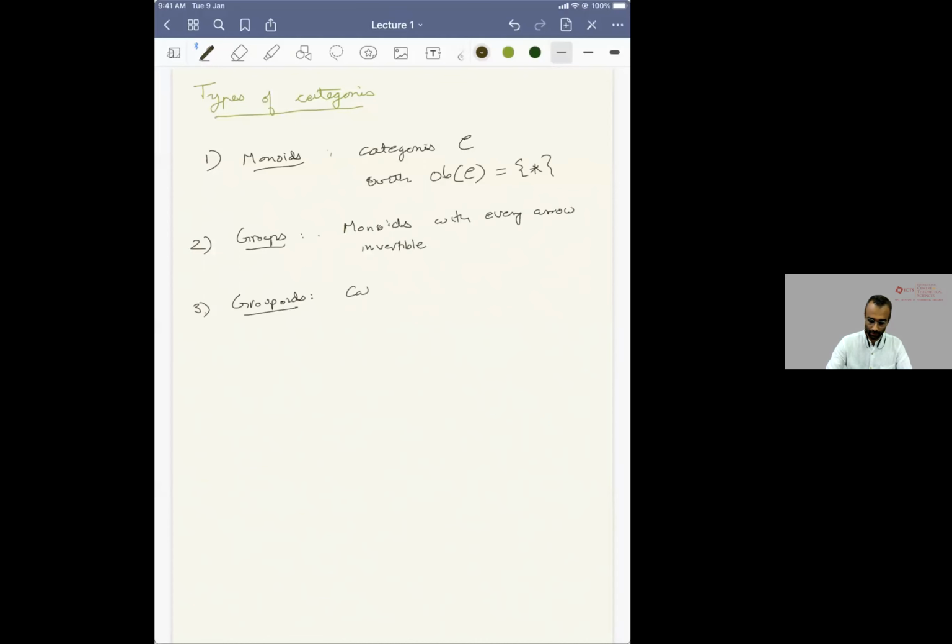These are categories in which every arrow is invertible. This means that for all f, there exists g such that f composed g is equal to g composed f is equal to identity. Okay, suitable identity. Okay, so these are some examples. Here's the final example that will also be very important for us. So we will look at posets, partially ordered sets.